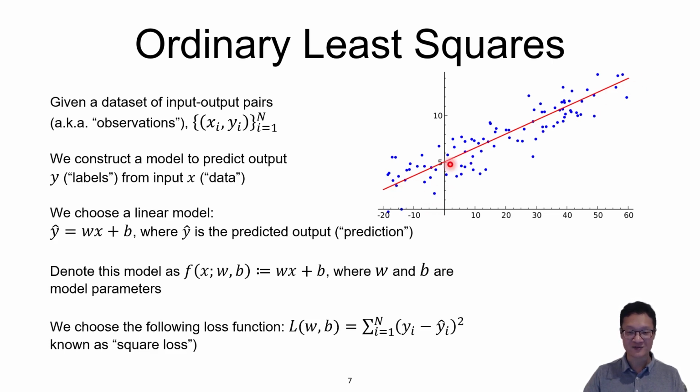The model, which is the red line, is predicting some y hat, and we take the yi hat, subtract yi, so this distance, and then square that, and that will be the loss contributed by this particular data point. We do that for all of the data points. That's why we have a summation over all the data point indices.